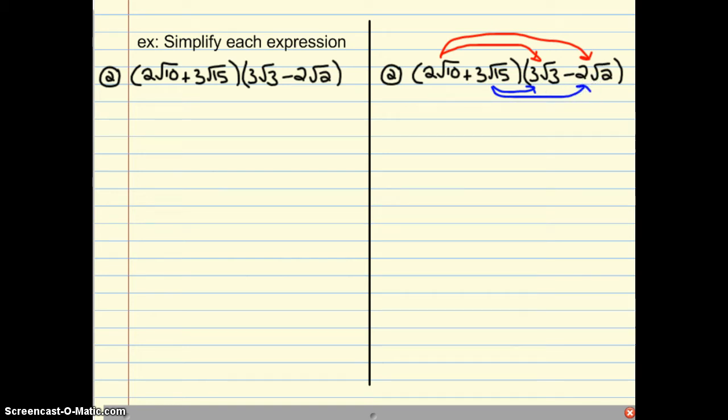So we will have 6 root 30, we will have minus 4 root 20, 9 root 45 positive, so positive 9 root 45, and minus 6 root 30.